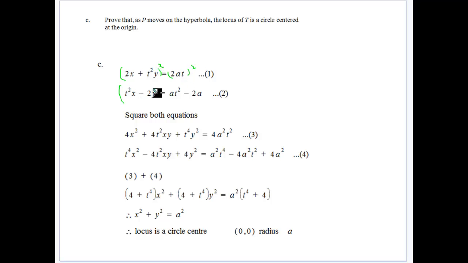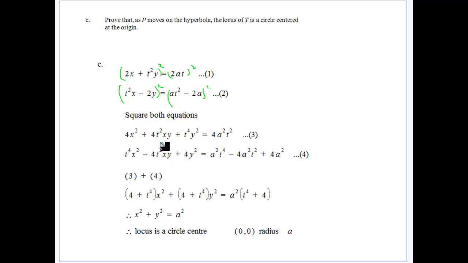So you're squaring both sides there, so it's not just squaring each term. So when we expand that out, we get 4x squared, 4t squared xy, plus t to the power of 4 y squared, and 4a squared t squared. Expanding that one, we get the expression there, and the right-hand side gets manipulated there.